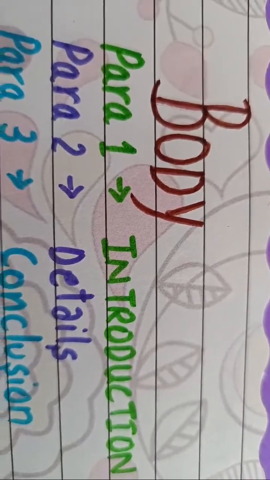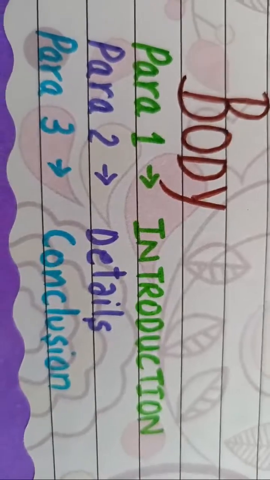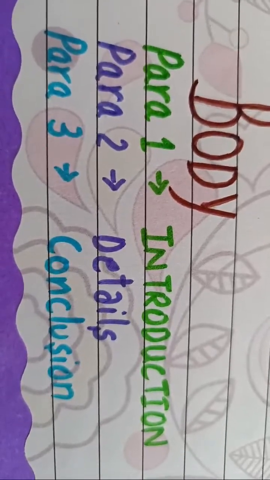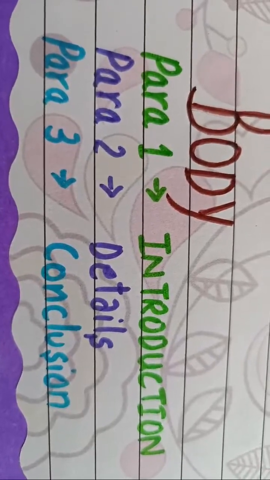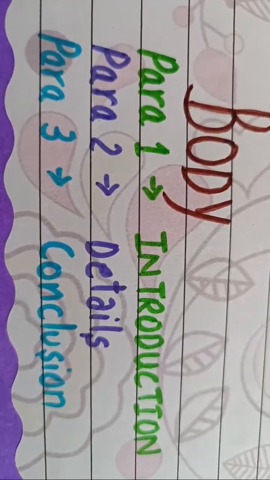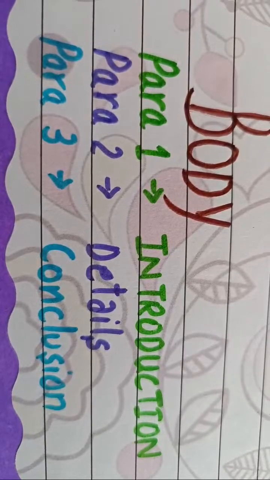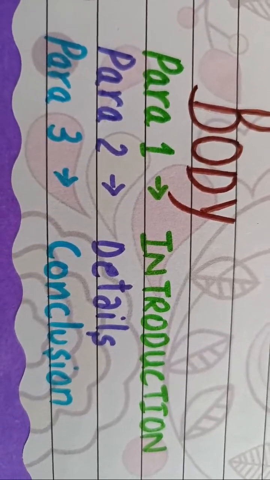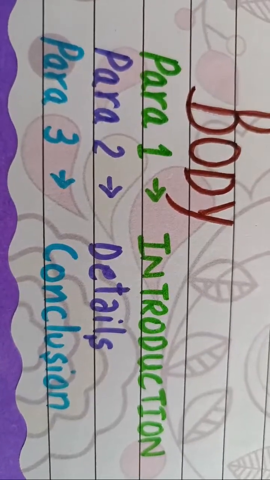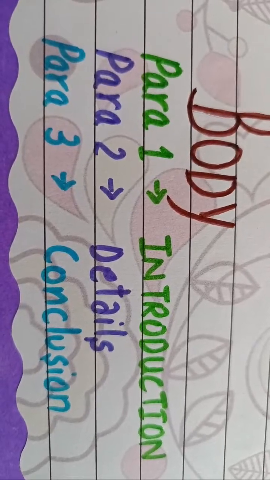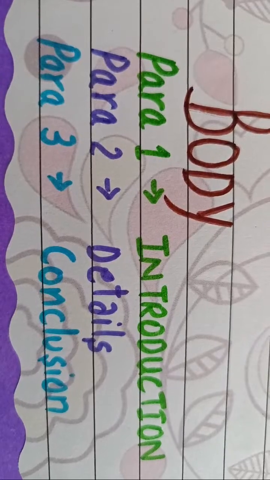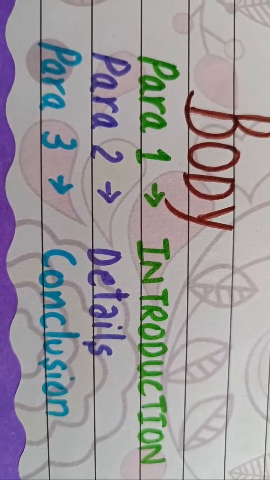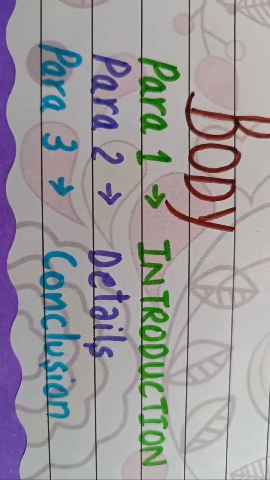Then the third paragraph is the conclusion. We have to go to the end of the letter in this one paragraph. So in conclusion, you need to sum up all the things. You can give any suggestion to the government, to the assigned duty officer.